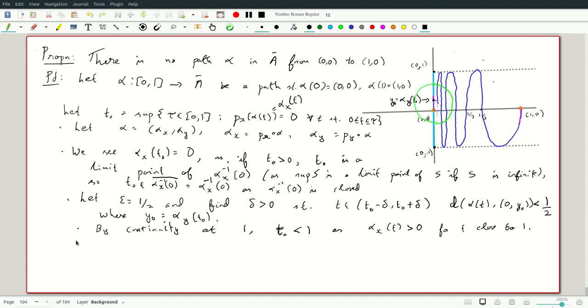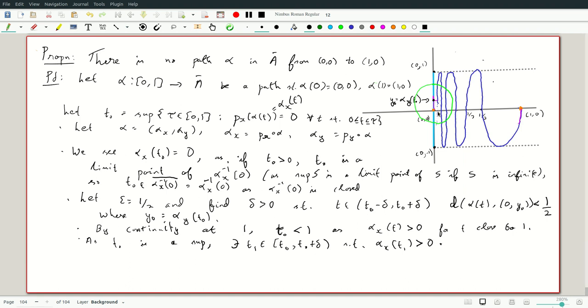Now, as t0 is a supremum, by definition there exists inside this delta neighborhood, let's call it t1, belonging to t0 plus delta, which is contained in this neighborhood, such that alpha x of t1 is positive.